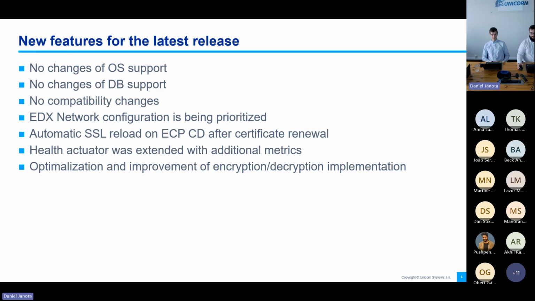If you have more messages waiting for processing, the network configuration should be moved to the top of the queue and be processed with priority. Also, a big handy change: the component directory will automatically reload its SSL configuration after a certificate renewal. So there's no need to restart the component directory anymore.